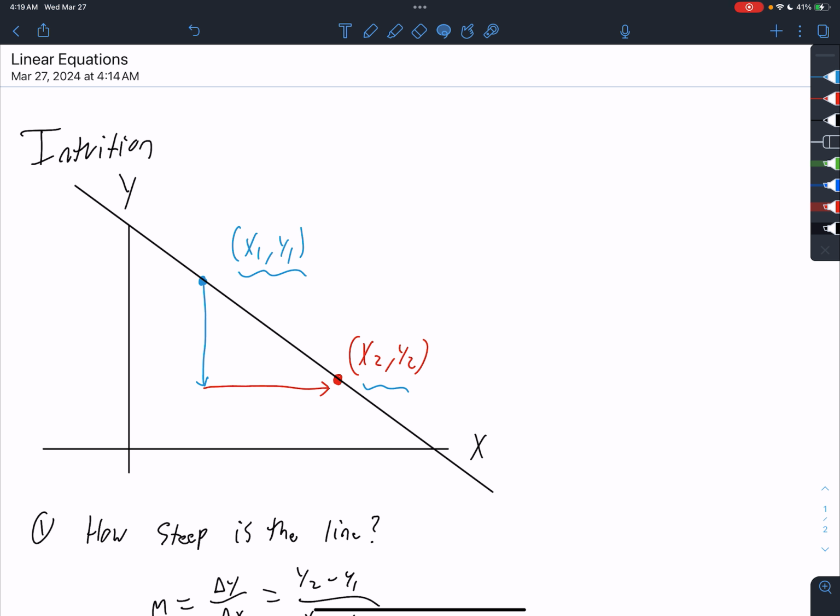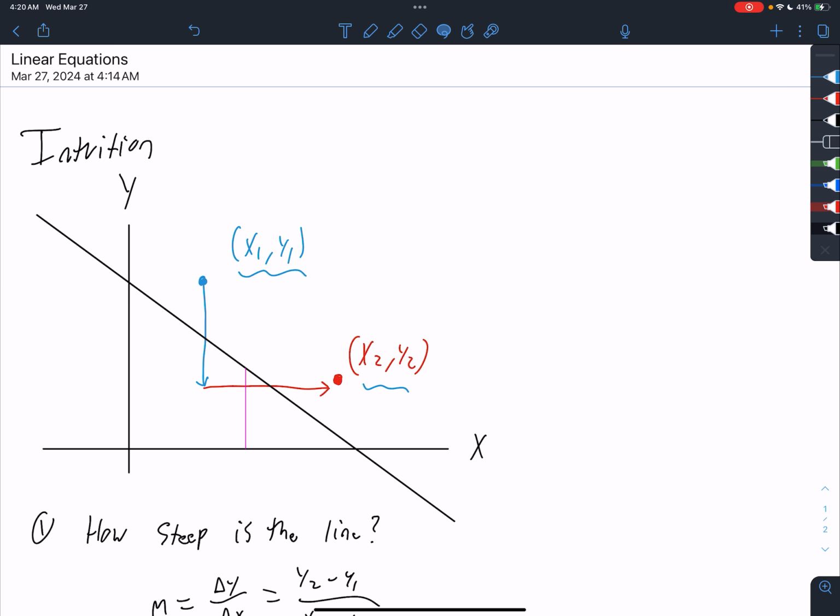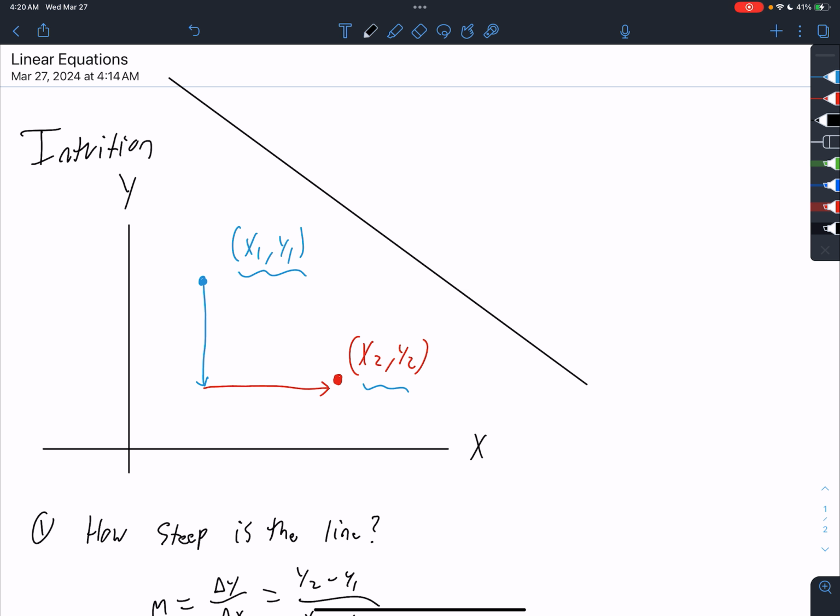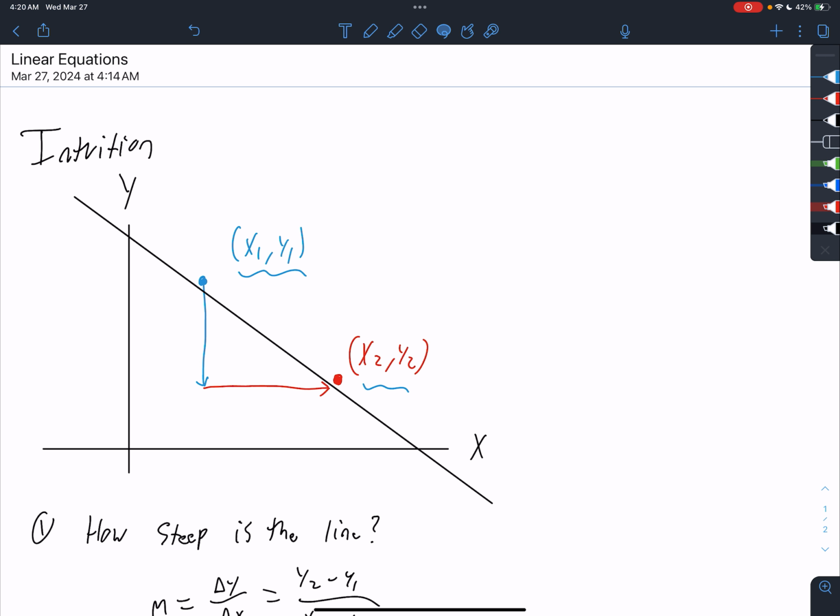We can also see that if we shift this line, the slope stays the same. We still have that same sort of triangle. That's not a great triangle, but you get the idea. We always have that triangle, independently of where we move this line.